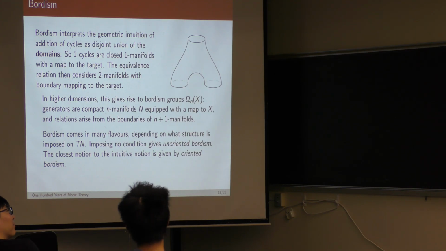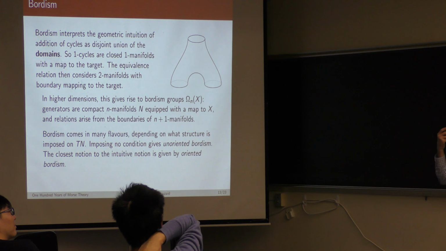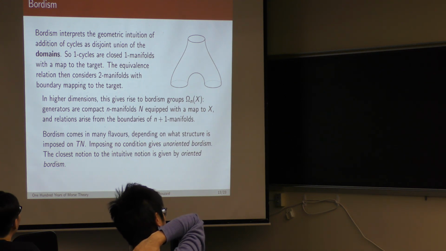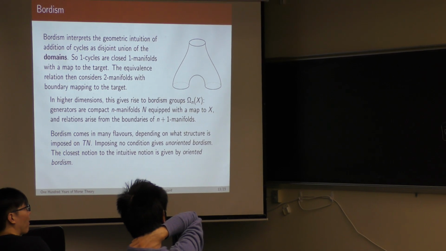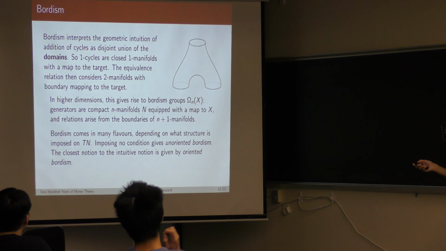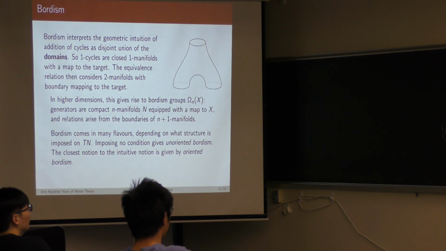Bordism is probably the homology theory that Poincaré would have wanted to define if he had the language to do it. Instead of adding cycles the way you just take the images, you add cycles by taking disjoint unions of domains and remembering the map to the target. So one-cycles are just closed one-manifolds with a map. You add them by taking the union.